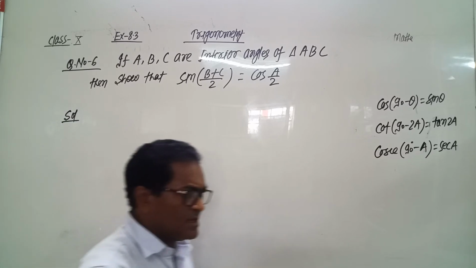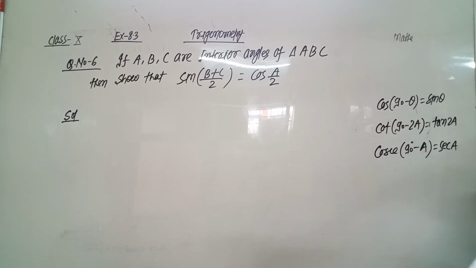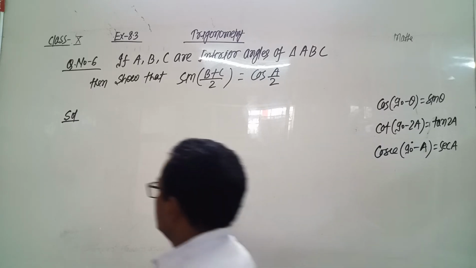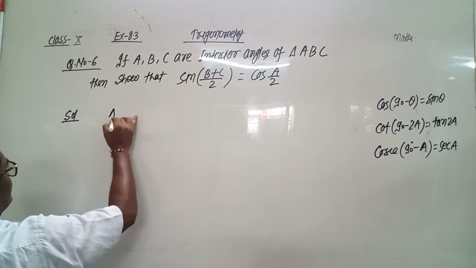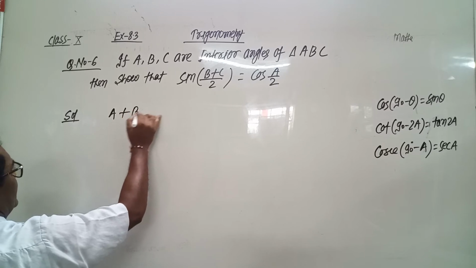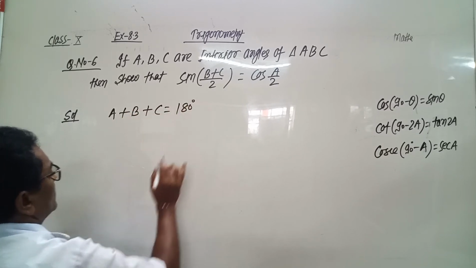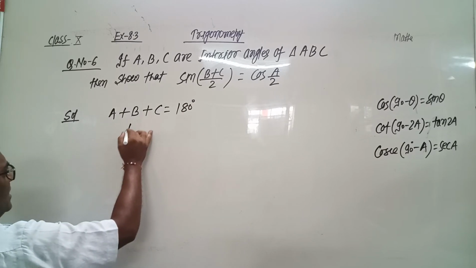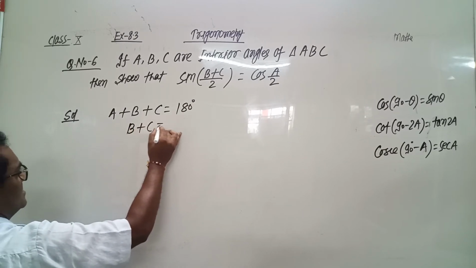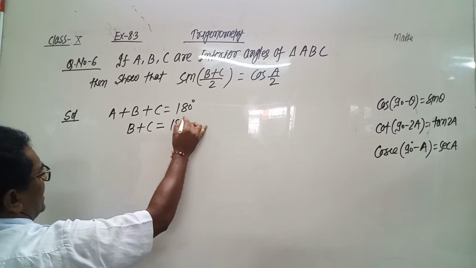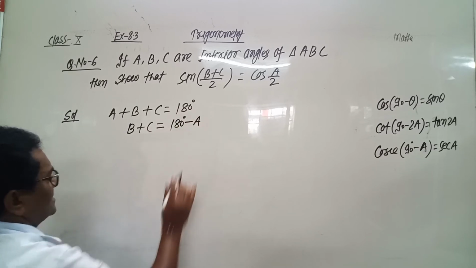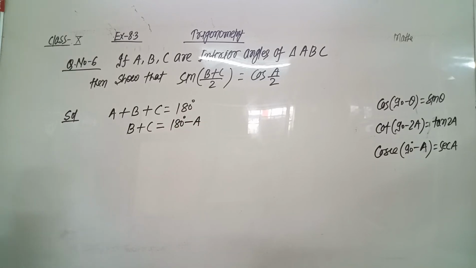Since A, B, C are the interior angles of a triangle ABC, we know that in any triangle the sum of three angles is 180 degree. So A plus B plus C equals 180 degree and B plus C is equal to 180 degree minus A. Now divide both sides by 2.